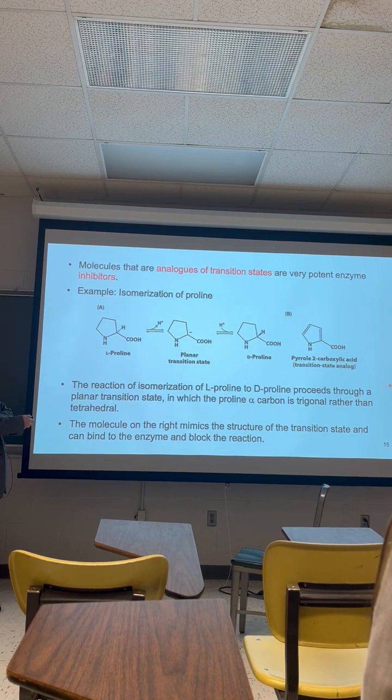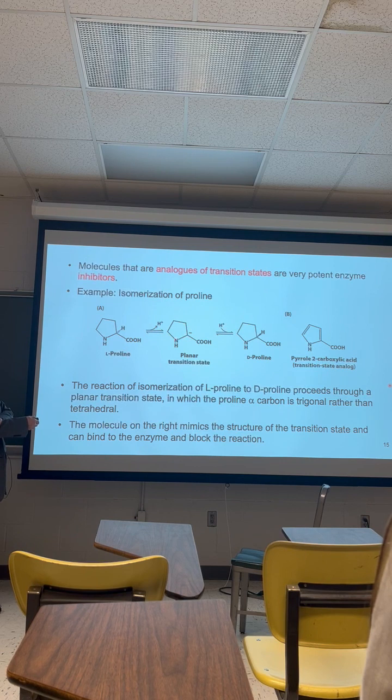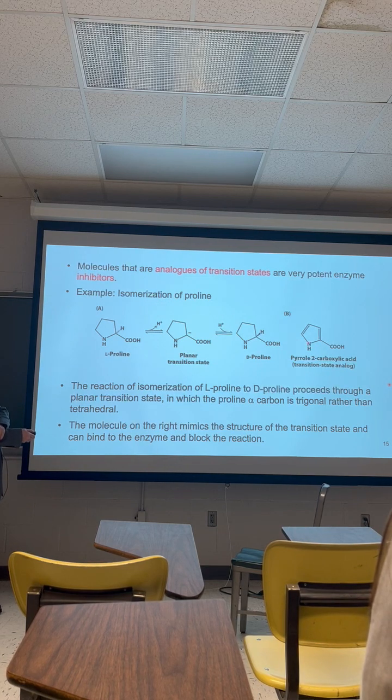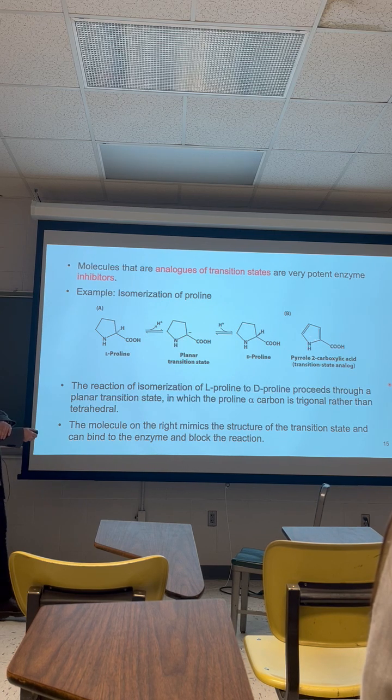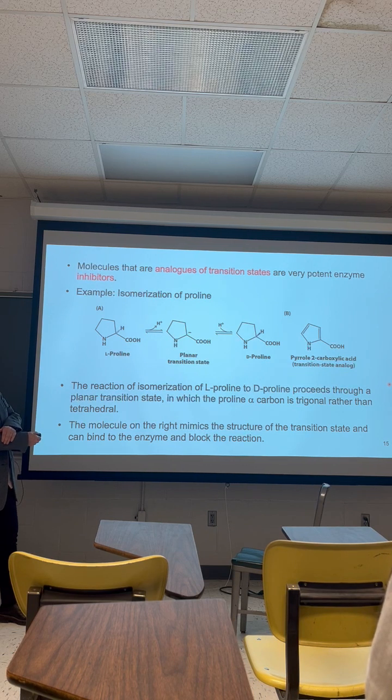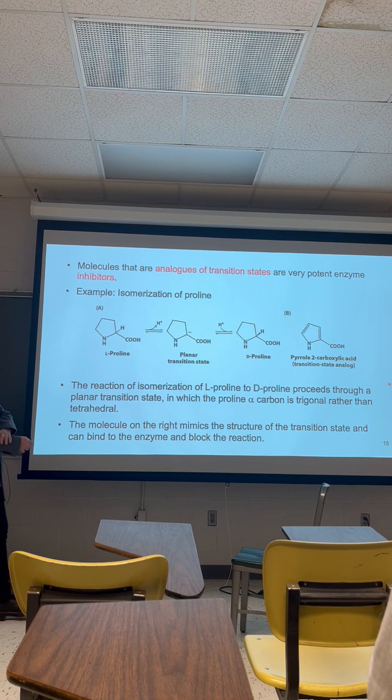So the transition state was a planar structure, flat, and this is not the transition state, but because you look, you know, we have double bonds here in this ring. This is not the same molecule, but it is definitely reminiscent of this transition state. So this would be a very good inhibitor for the enzyme that catalyzes the reaction.